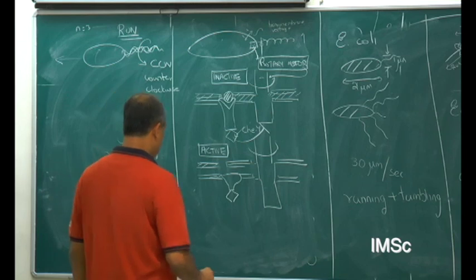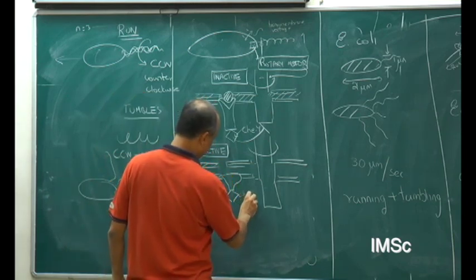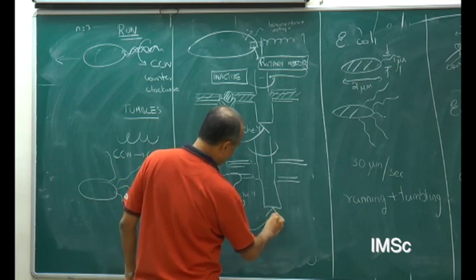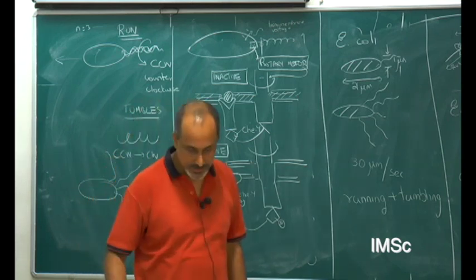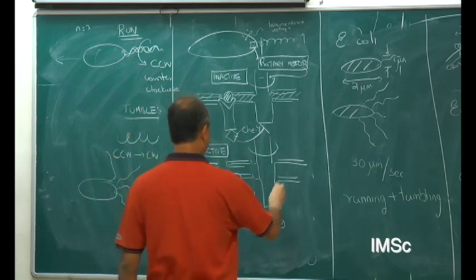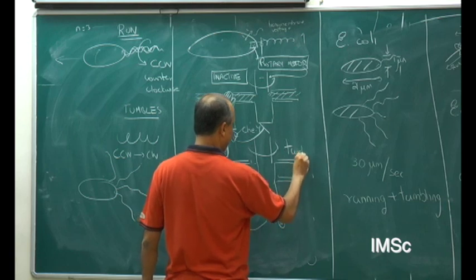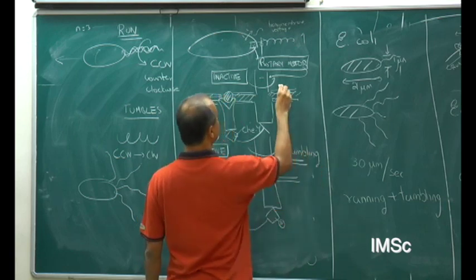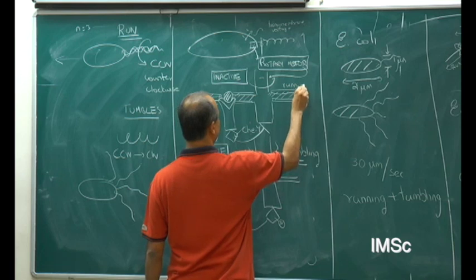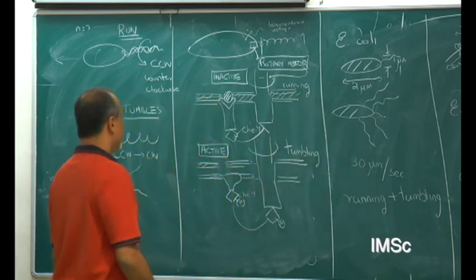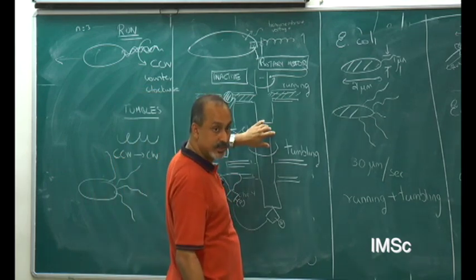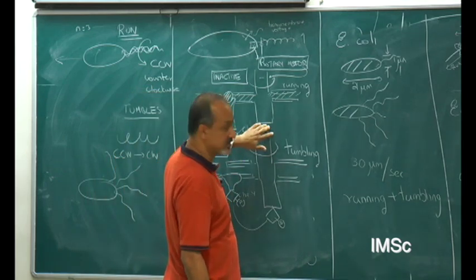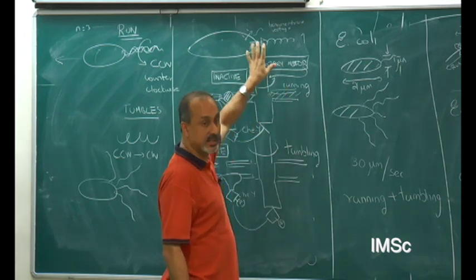If there is no ligand, this CheY is phosphorylated, and the phosphorylated form of CheY can bind to this and lead to tumbling. And this leads to running. So provided the binding of phosphorylated CheY is inhibited to this point, this thing keeps rotating and this keeps running.